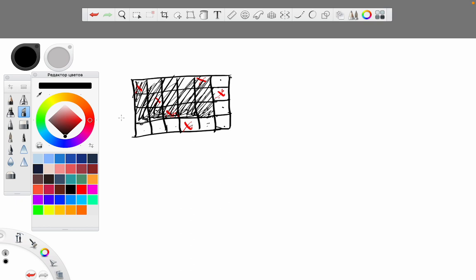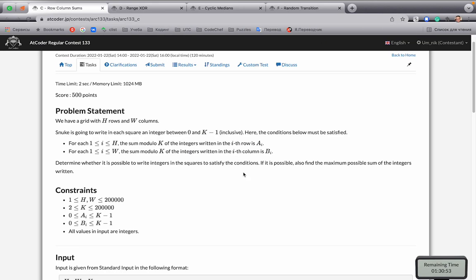And also we shouldn't break any rows. It feels like if the maximum for rows is bigger, then we can break something and everything should be fine. I don't know, I don't like this problem. Let's just submit this stupid greedy and see if it works.